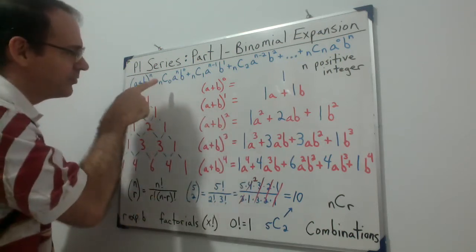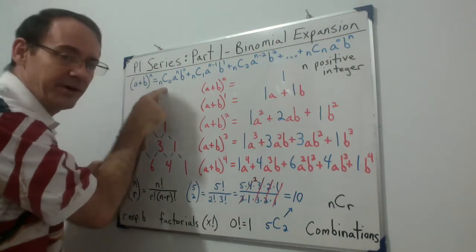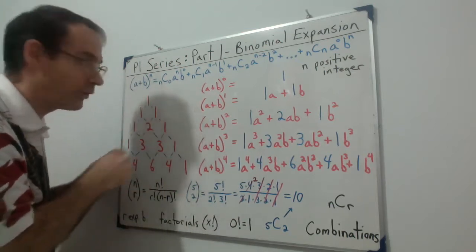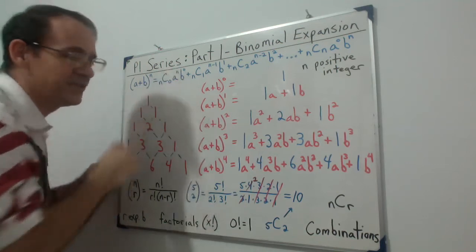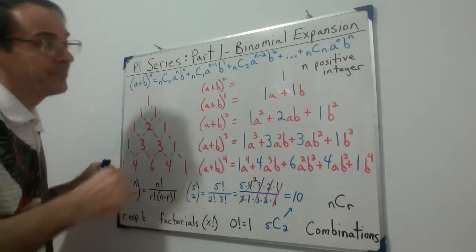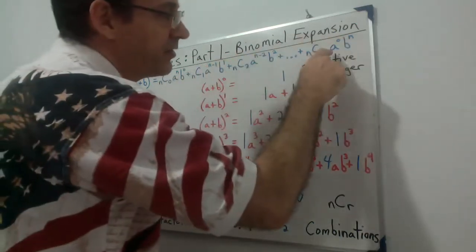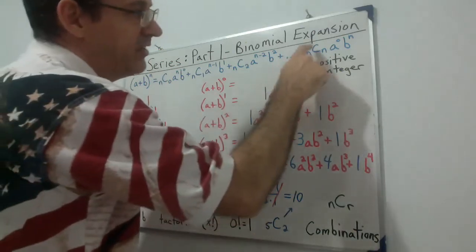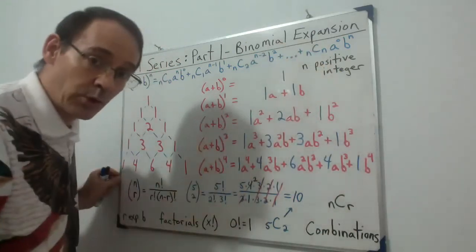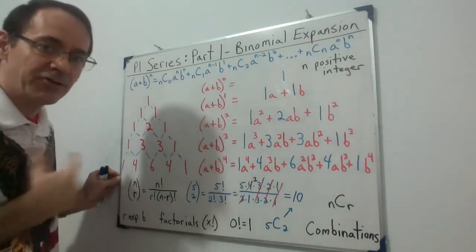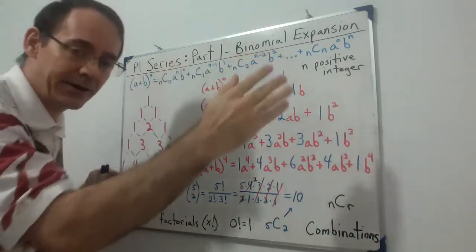And so the formula in Cambridge doesn't even put it because it just turns into a 1. Same thing with this b to the 0. Anything to the 0 power turns into a 1. So same thing over here. This a to the 0 would be a 1. They don't include it. And this nCn is also a 1. So they don't include that. I have included it so that you can see the pattern.